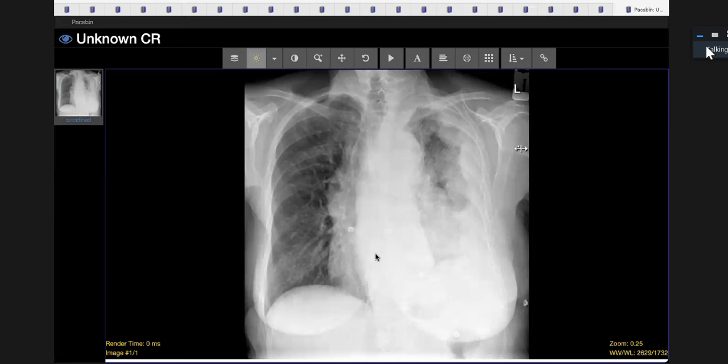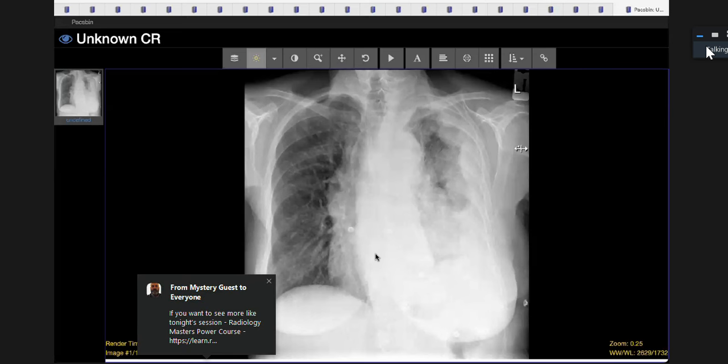Okay. You're right. The left breast does look more prominent, more dense than the right breast, but that is because of composite shadowing. It's not the breast tissue, because have you ever seen a unilateral dense breast like that? It's not a thing unless they've got a prosthesis or an implant.